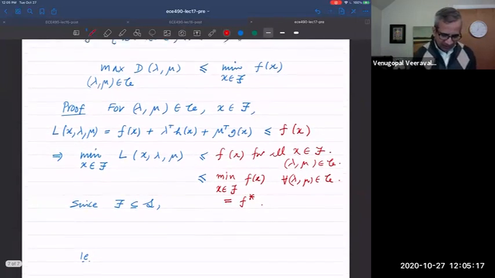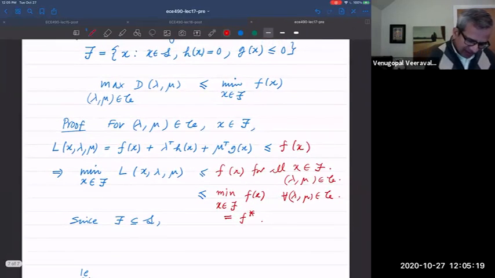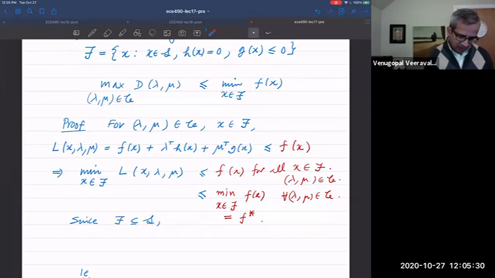Now let's look at the left-hand side again. I have a set F which contains, sorry, F is smaller than the set S, because F adds more constraints to the set S. You're also adding these other constraints.